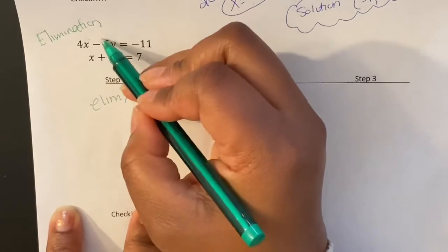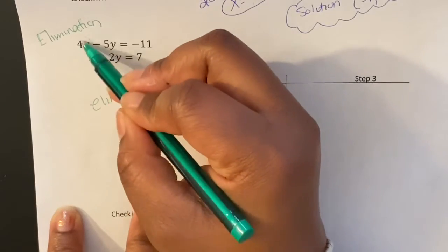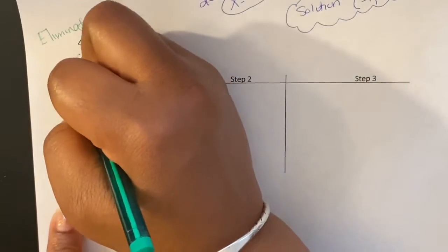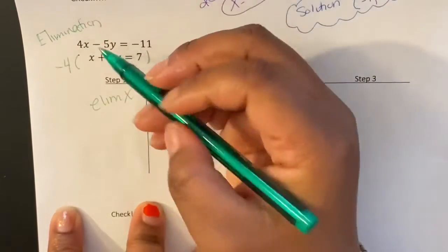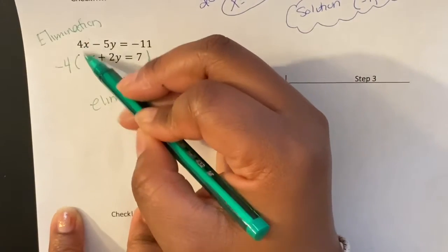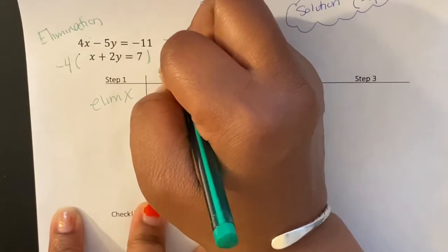Okay. I could eliminate y, but that's not easier because with this y, I'm going to have to multiply both equations by a number. Okay, so now I'm going to multiply the bottom by -4. Again, because that's going to make this x a -4x and this a positive 4x. That way they cancel out. So the top equation stays the same.